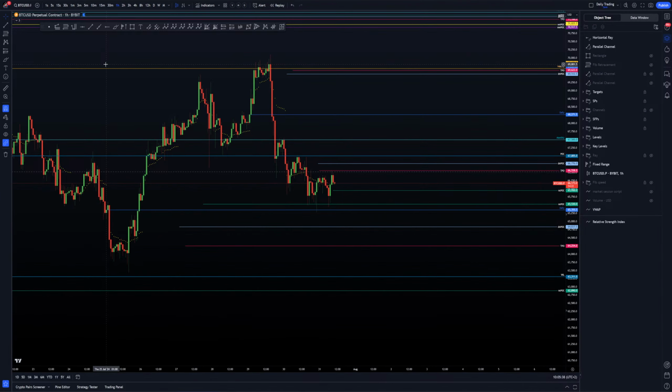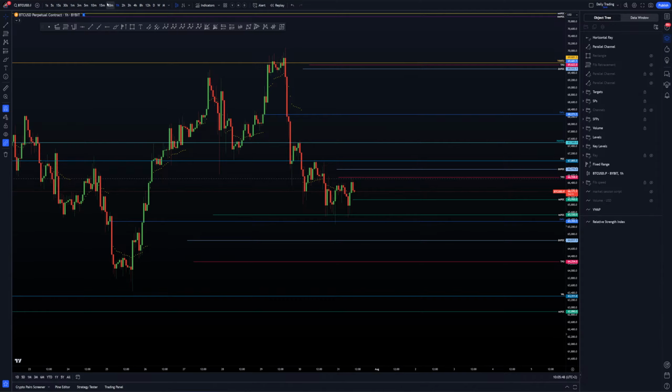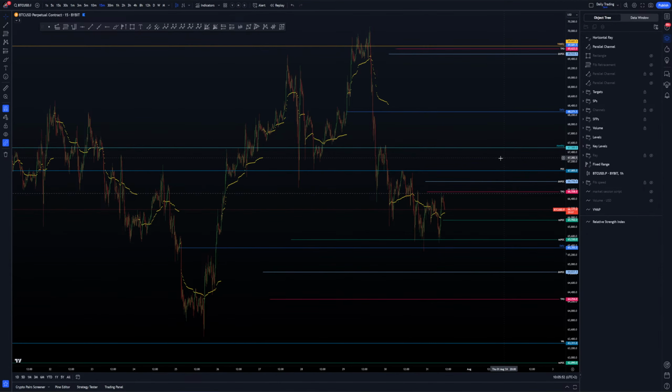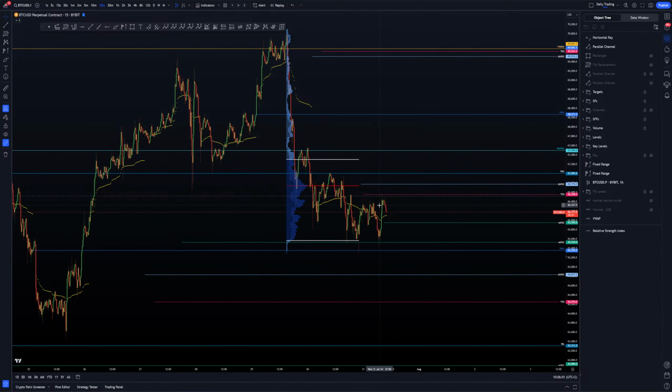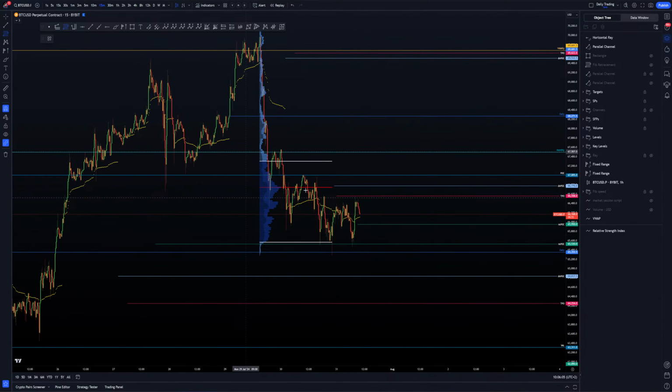Just 2 seconds, please. Alright, sorry. Let's go on the 15 minutes to find a few resistances and supports here. For resistance, we can pull this fixed triangular range. Well, there is very little resistance here, not gonna lie.